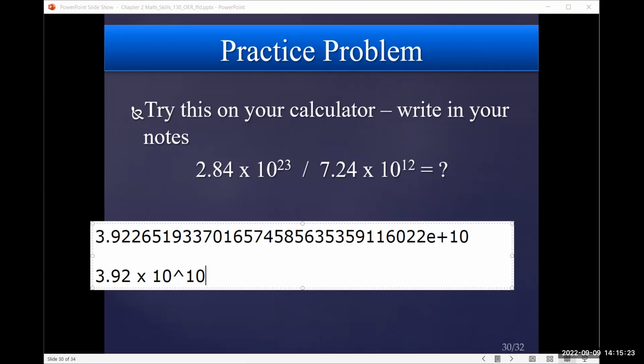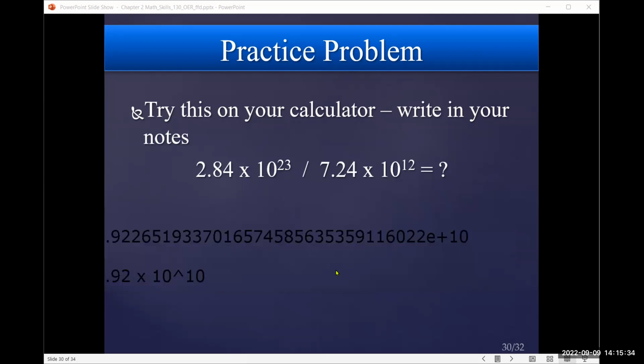That's the way I would write it where I put the answer in, if it does not support superscript. But if it did support superscript, then obviously I would write 3.92 times 10 superscript 10.